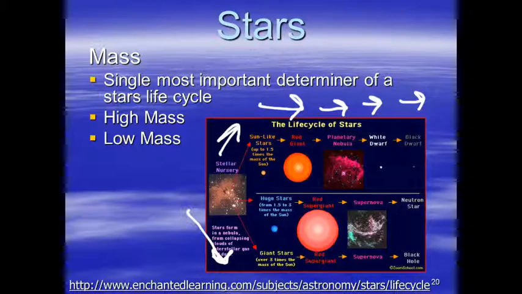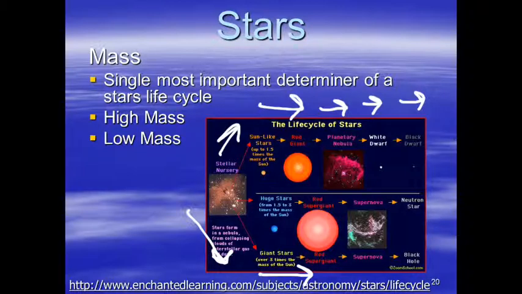So this huge giant star burns. It burns hot, it burns quick. And then instead of becoming a red giant, it becomes a super giant. So it goes from normal to super giant. After that, it's going to blow up.